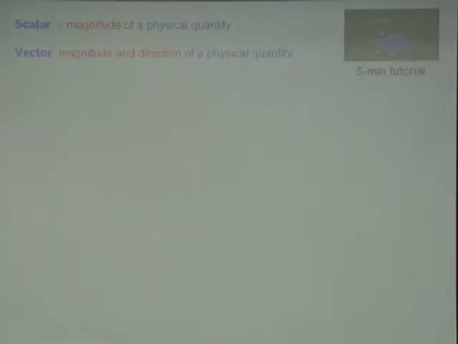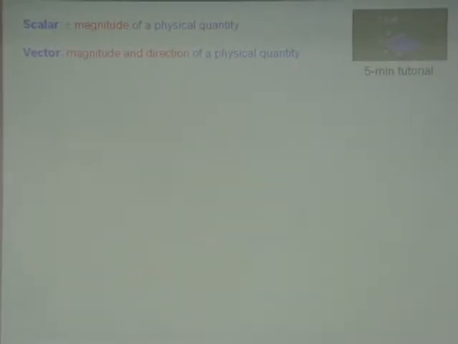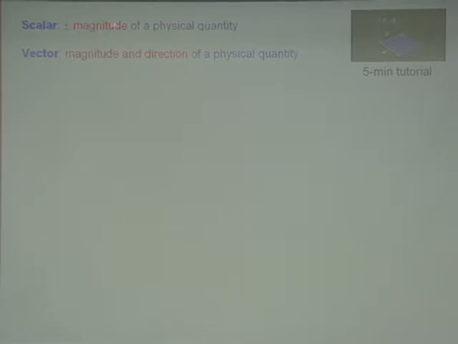Well, unlike a scalar, you have two important characteristics for a vector. For scalar, basically, it just tells you the magnitude of something. For example, voltage, 5 volt, minus 3 volt, and so on.